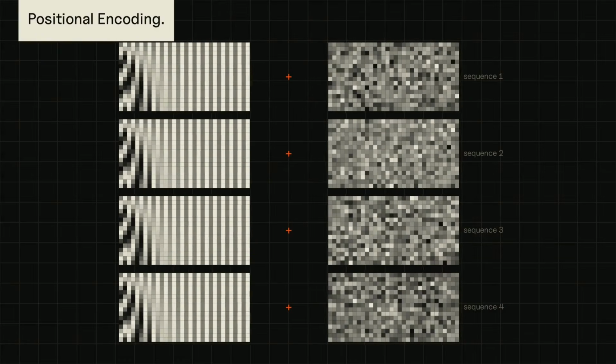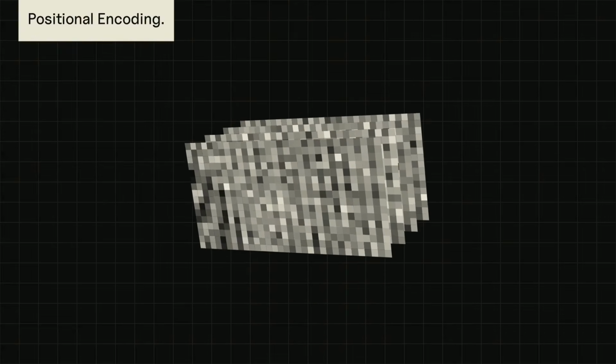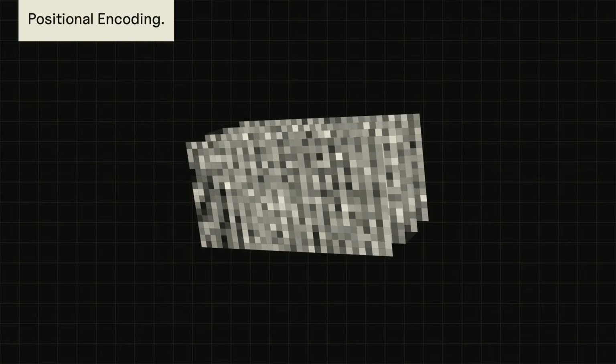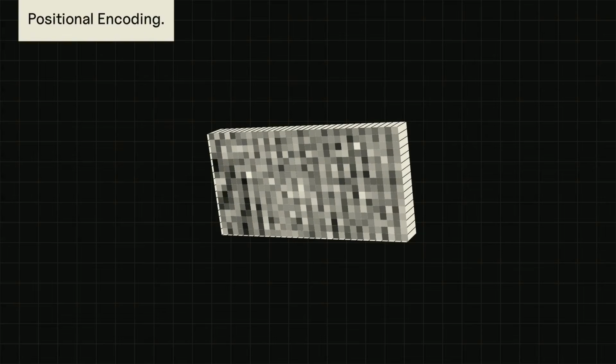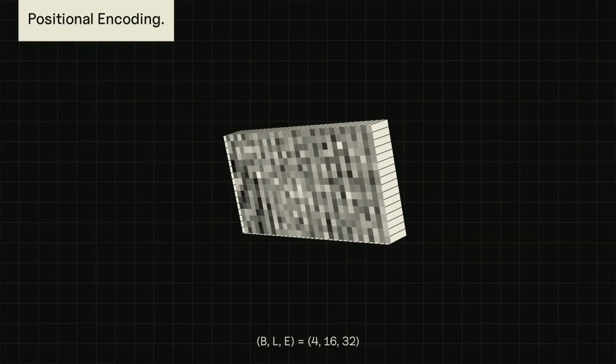Doing so, we get 4 matrices representing all the sequences in a batch of 4. Stacking them together, we get a tensor. This tensor is basically the same as the one we had before, except in this one, tokens are aware of their position.